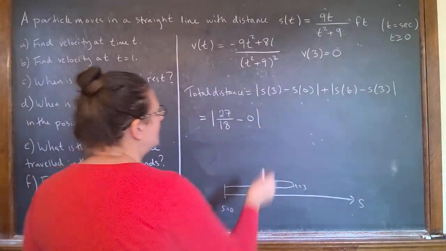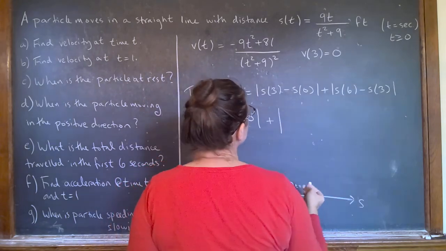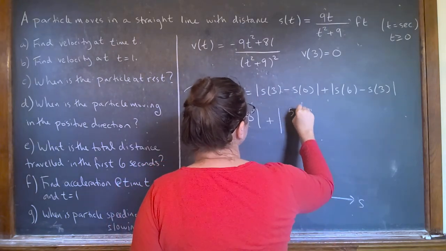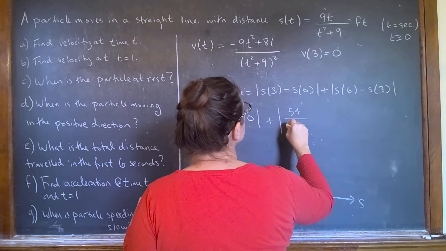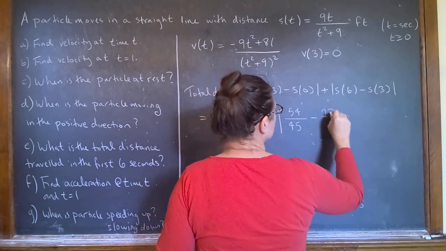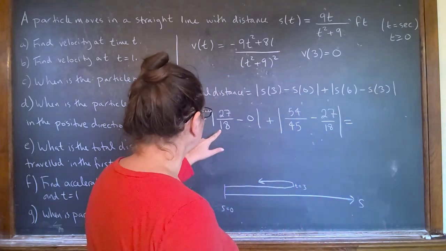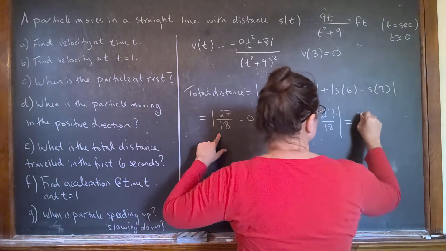And then s of 6, 9 times 6 is 54, and 36 plus 9 is 45, so 45 over 30, minus s of 3, which was 27 over 18. So this one is 3/2.